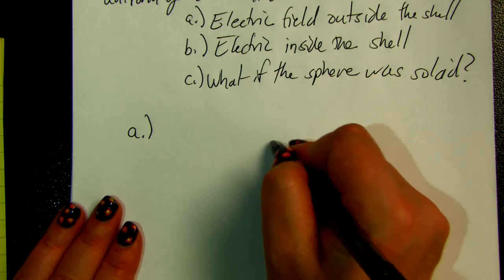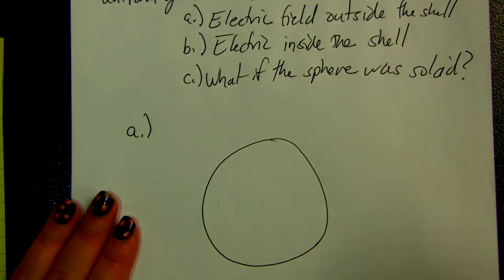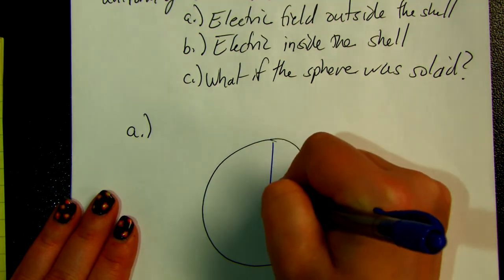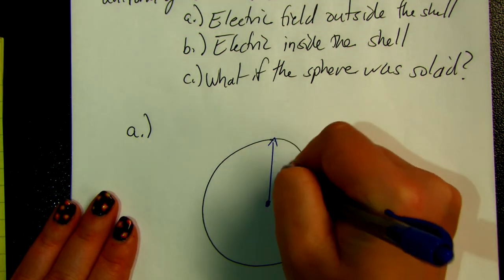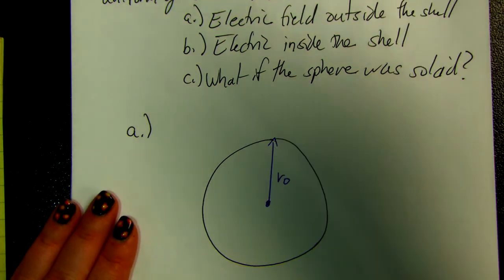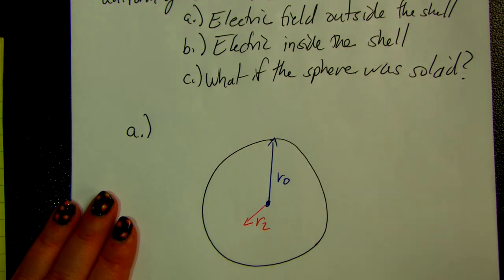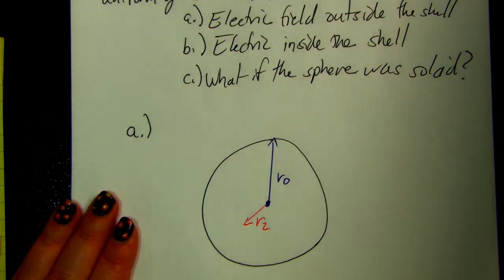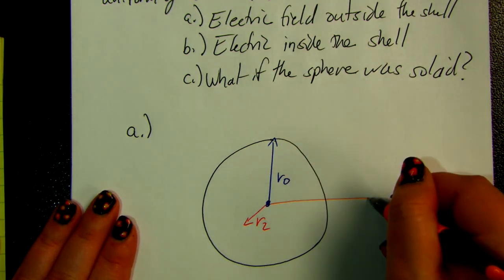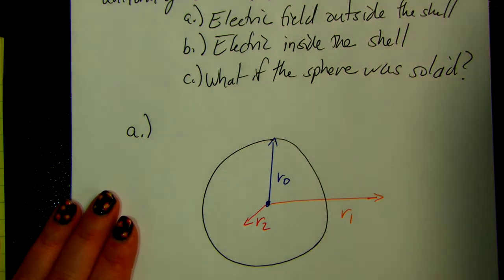So we've got our sphere, and we've got our radius, R0. And we wanted to look at a spot inside the shell. So let's call that R2. We wanted to look outside the shell. Let's call that R1.